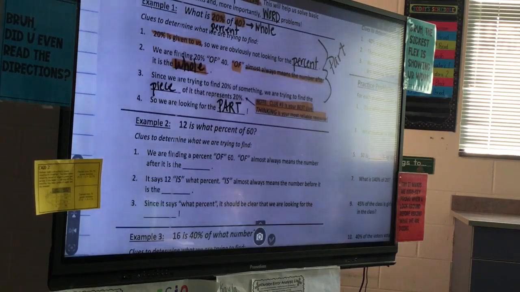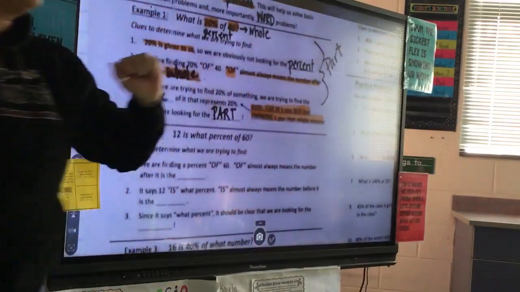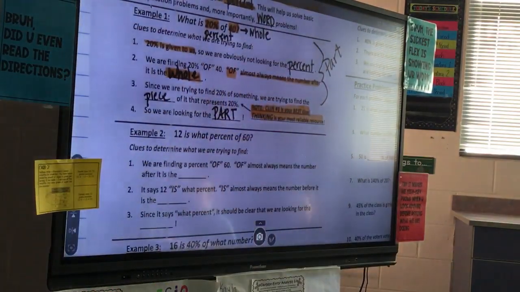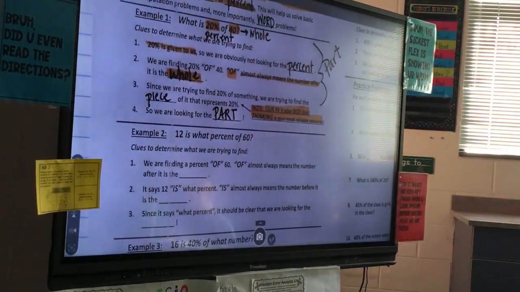I need everybody to put everything down, candy, everything. And I need you to quietly, silently read this to yourself and tell me if we're looking for the part, the percent, or the whole. Raise your hand when you have it figured out.